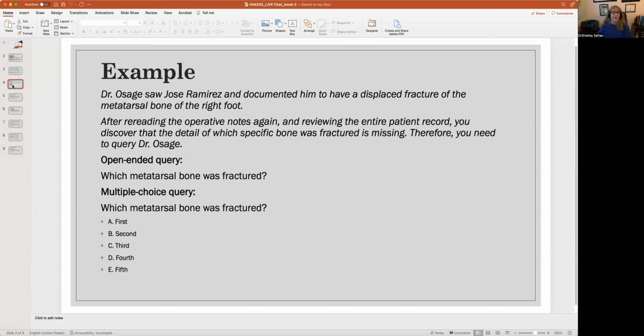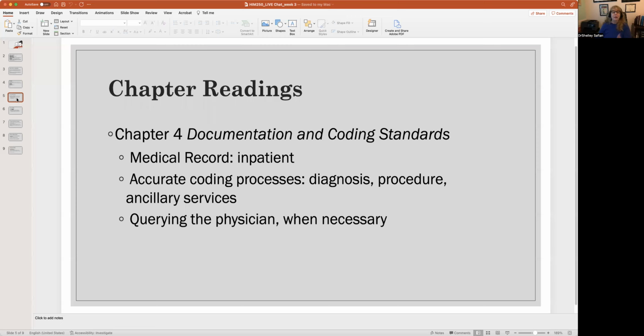Piece of cake, right? All right, your reading for this week: is this a coincidence? Chapter 4, documentation and coding standards. No, it's not a coincidence. Accurate coding processes: diagnosis, procedure, ancillary services. Remember ancillary services, x-ray, lab, okay?